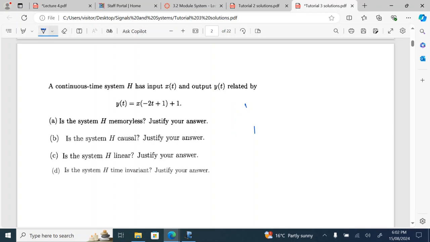Who said it's linear? Why? You solved a question about linearity, right? No, it was your friend. Yeah, he solved it. So what do you think? Oh, you think it's linear? So let's see.